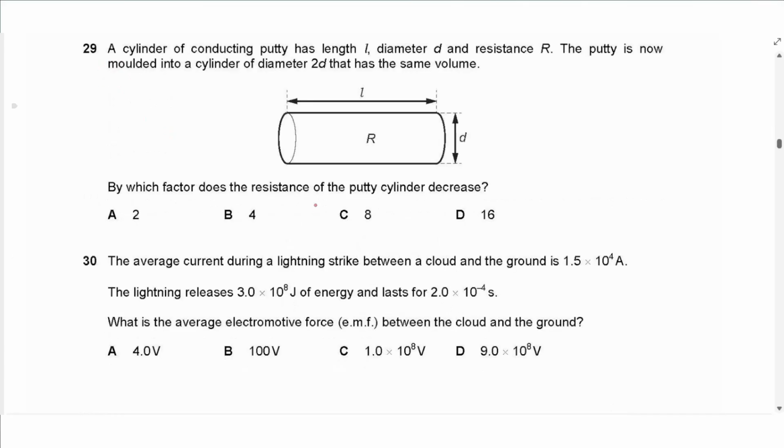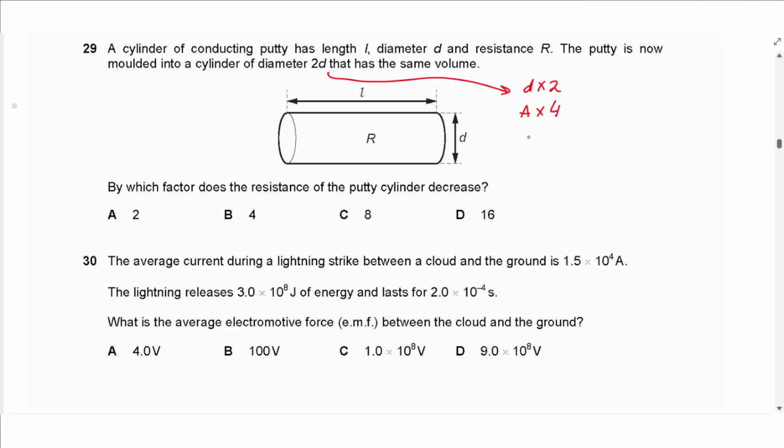Question 29 says, a cylinder of conducting putty has a length L and diameter D and resistance R. The putty is now molded into a cylinder of diameter 2D, so the diameter is multiplied by 2, and has the same volume. So if the area is enlarged, the length must be shortened. The area is calculated as pi r squared, or pi d squared over 4. So if the diameter is multiplied by 2, the area would be multiplied by 2 squared, which is 4.